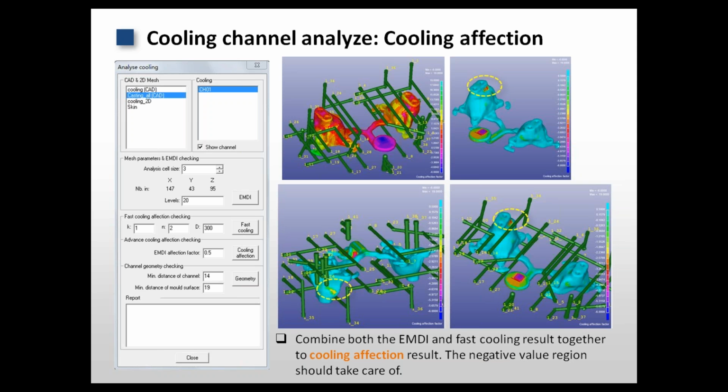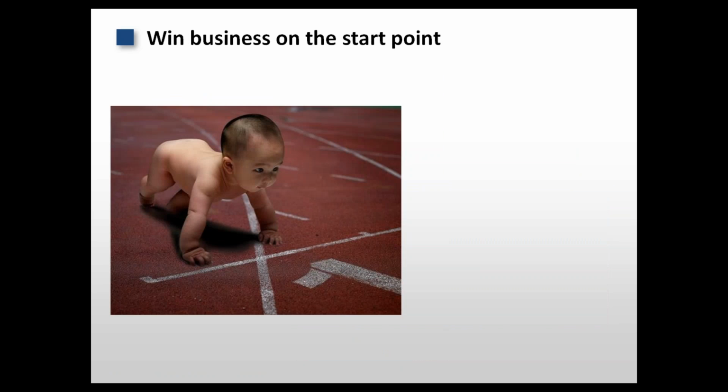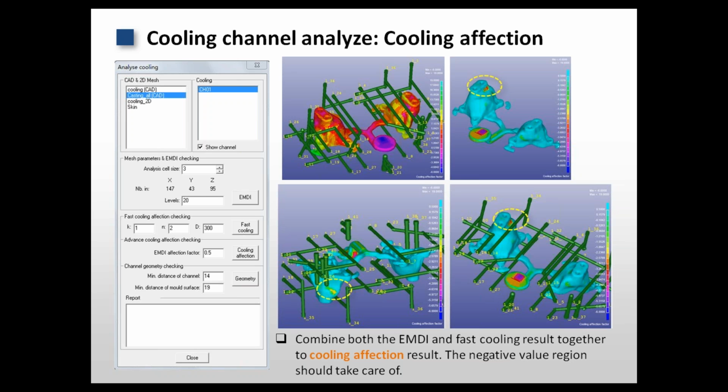So what can we do about that? We could just modify the cooling channel. For example, you could add a new cooling channel around this area to optimize the cooling effect there. So this is a very convenient way to optimize your cooling channel and very easy to handle.